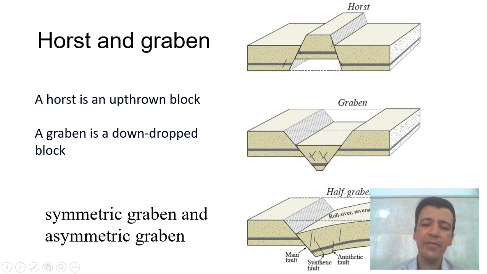In a half graben, just on one side of the graben we have the movement. This is a symmetric graben, very rarely seen in nature, and this is an asymmetric graben, which is more common in nature. This is the concept of horst and graben.